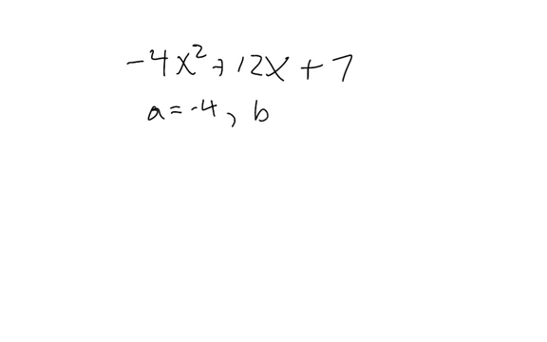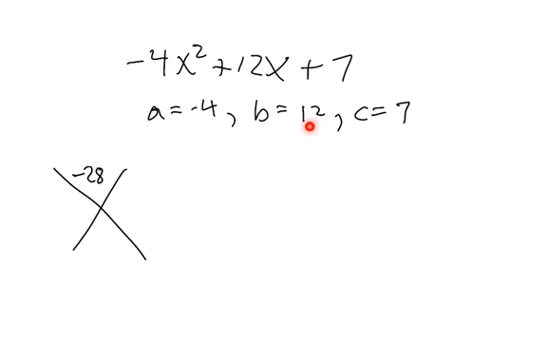What if we had to factor negative 4x squared plus 12x plus 7? We'd do exactly the same thing. A equals negative 4, B equals 12, and C equals 7. So we use our graphic organizer. A, which is negative 4, times C, which is 7, gives us negative 28.